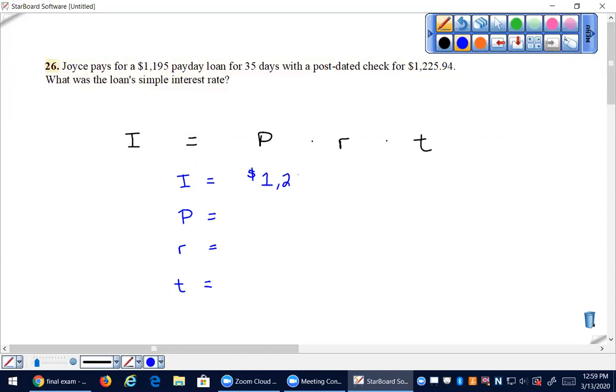That's what she writes her check for, but she's also paying back the loan. So I have to take away the loan amount.